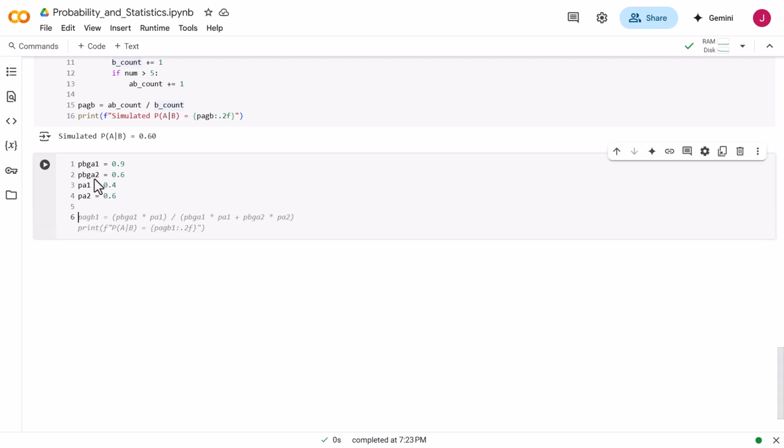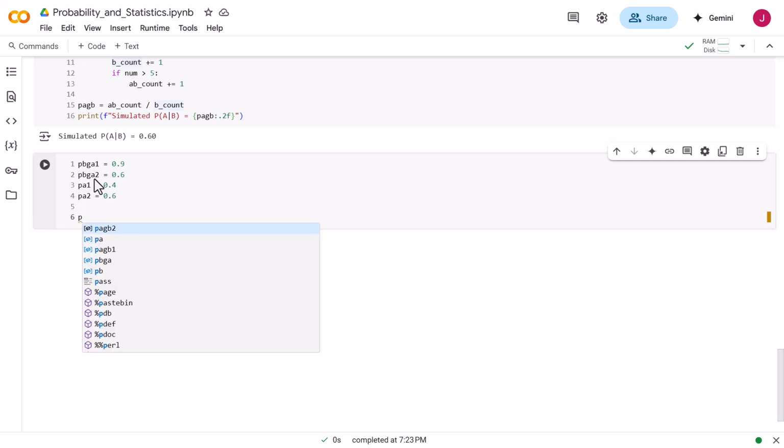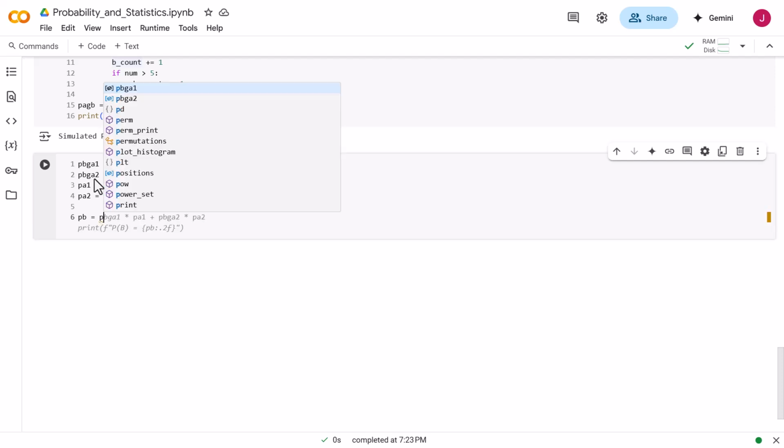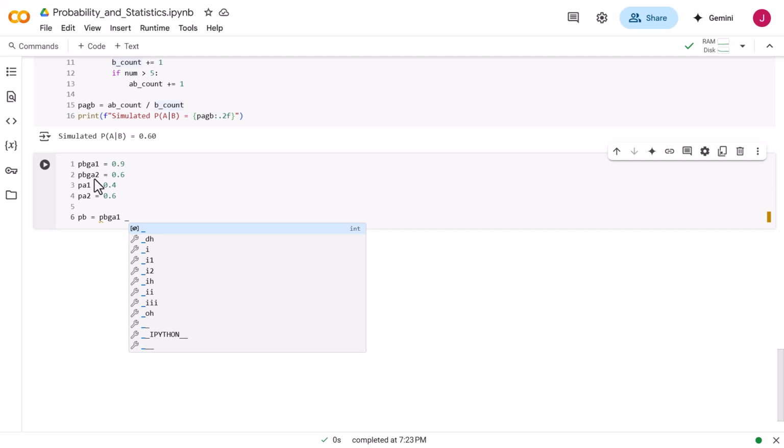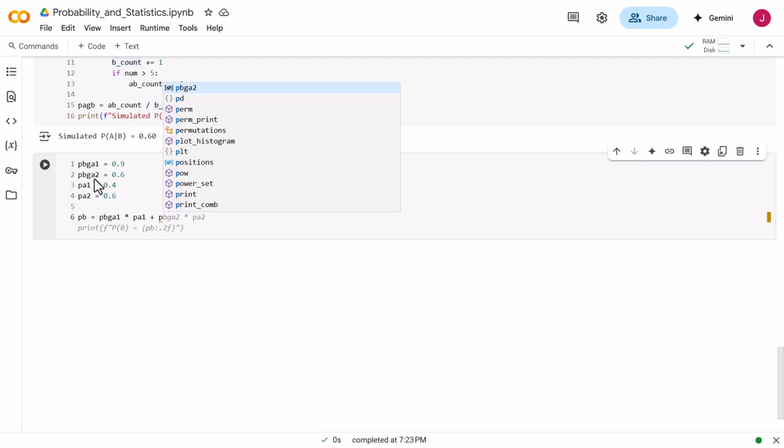Now we want to find out probability of B using the total probability law. So here, we say probability of B equals probability of B given A1 multiply probability of A1 plus probability of B given A2 multiply probability of A2.